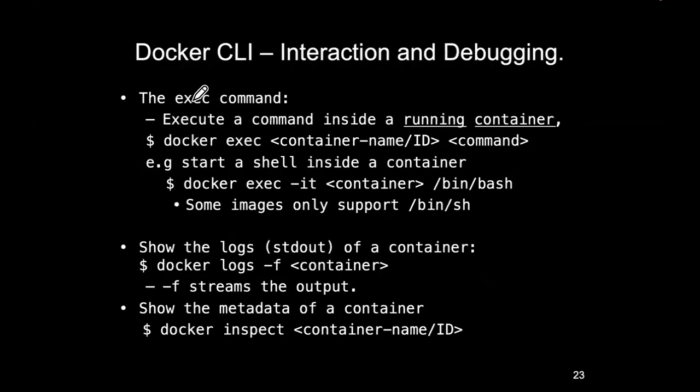Now, this is a really important thing to grasp. So I've started up a container, and is there a way I can actually get inside the container to typically do some debugging? And the answer is you can actually. You can get at it from the outside using this docker exec command.